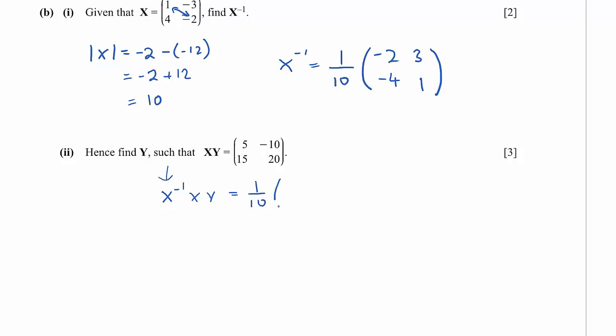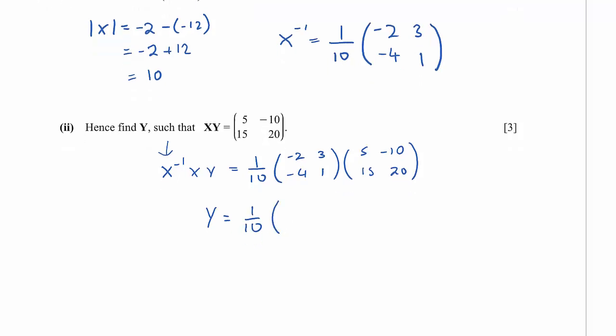On the other side we also have to multiply on the left. Remember, with matrices the order of multiplication is important. Well, this side is just going to become Y because X minus 1 X is the identity. So that's Y. So that's going to be 1 over 10, and then we need to do this multiplication over here.